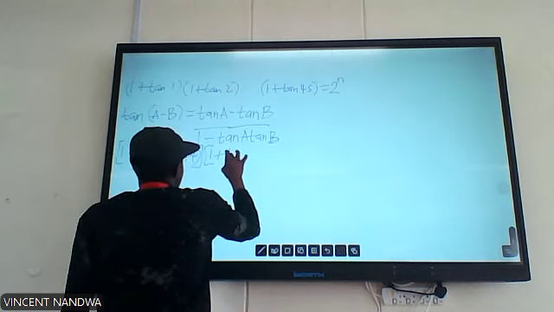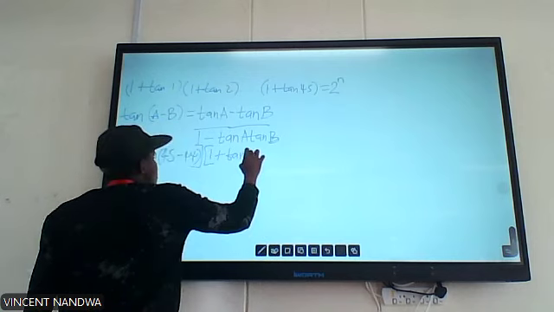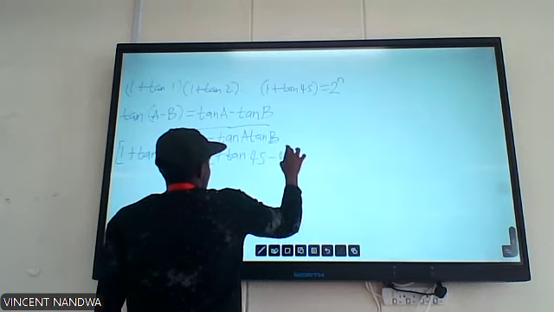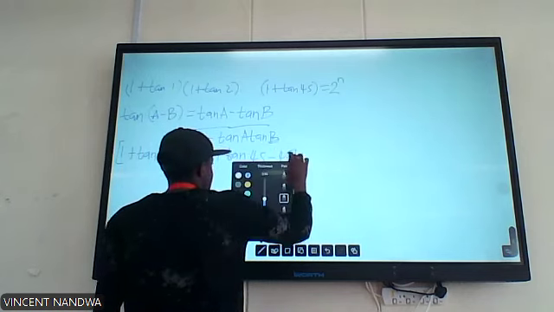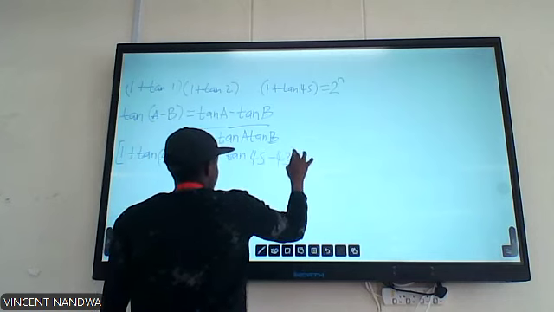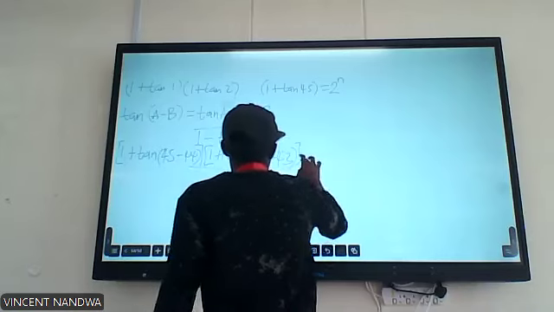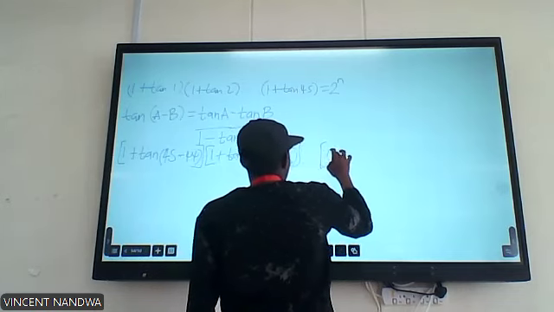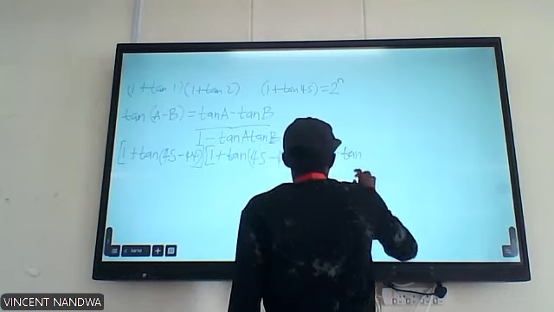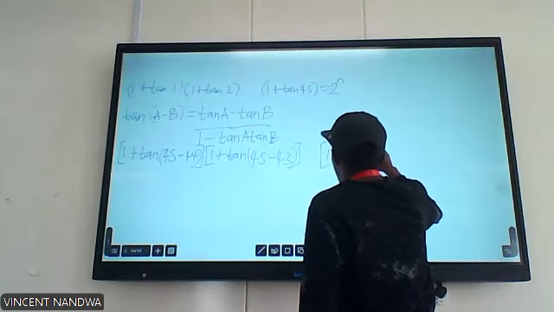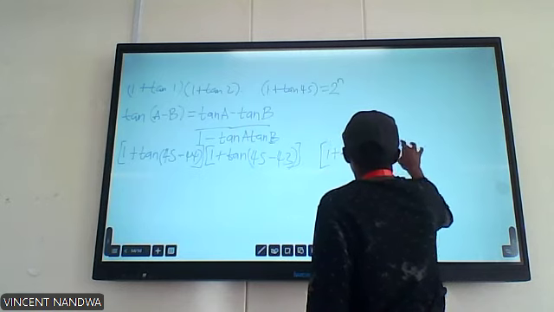Then 1 plus tan 45 minus 43. We have to 1 plus tan 45 minus 0 equals to 2 power n.